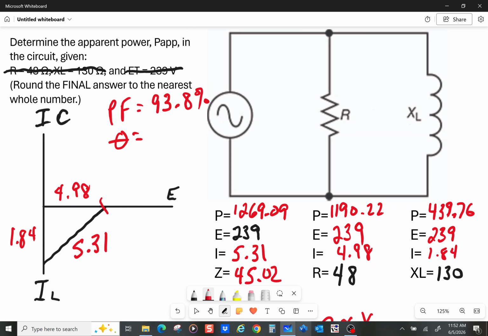I could have also done Z, my impedance, 45.02, divided by R, 48, because they are inversely proportional, ohms and amps, right? So I could have done Z divided by R in parallel, or like I said, and what I did, was IR divided by IT. All right, so that gives you a power factor.